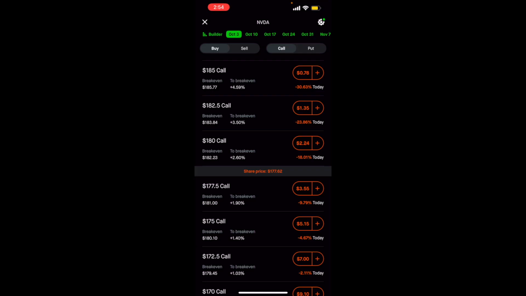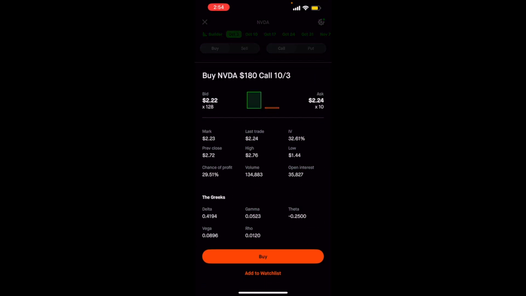Now, I don't want to make this too difficult, but you're gonna see all types of different factors once you click on that option strike. Let's see what's notable. The IV, implied volatility.